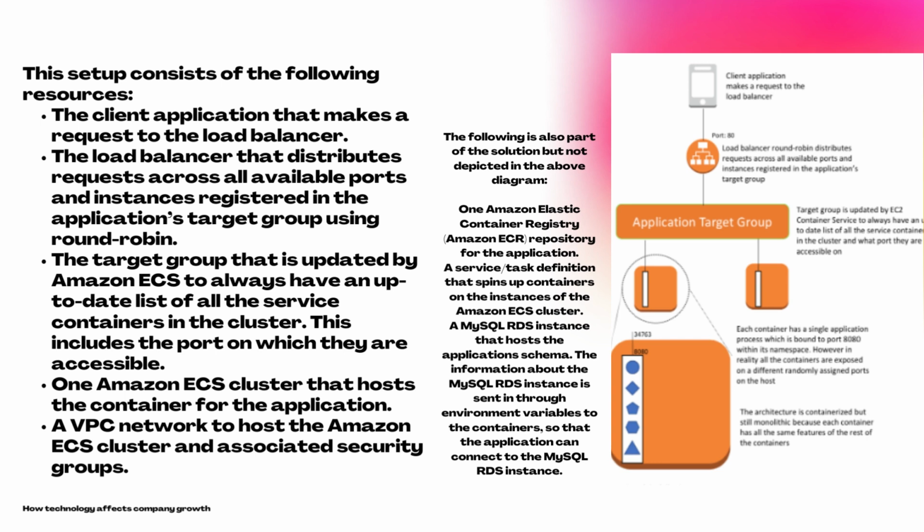The Docker container program is running on all the EC2 instances on which you are going to move that application. Right now, the application code is not broken. This is just an application running on the ECS cluster, which hosts the container for the application, a VPC network to host the ECS cluster, and the associated security group.